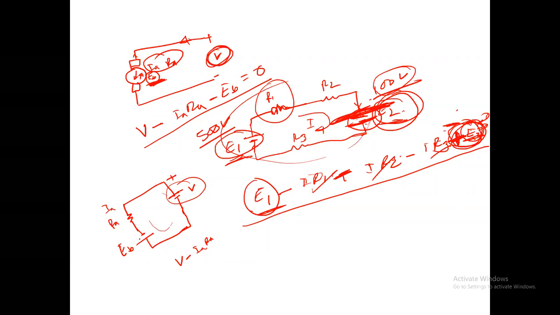Sorry, this is the positive too. So this part is minus EB is equal to 0. All are clear?